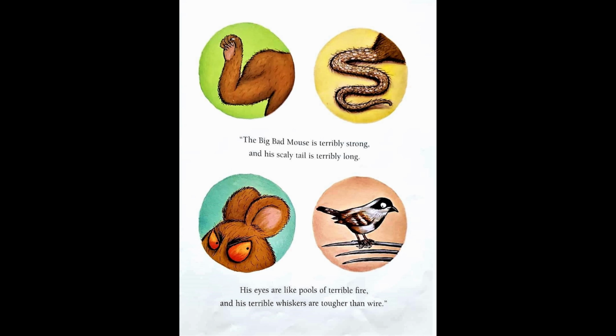What does he look like? Tell me, Dad. Is he terribly big and terribly bad? I can't quite remember, the Gruffalo said. Then he thought for a minute and scratched his head. The big bad mouse is terribly strong and his scaly tail is terribly long. His eyes are like pools of terrible fire, and his terrible whiskers are tougher than wire.